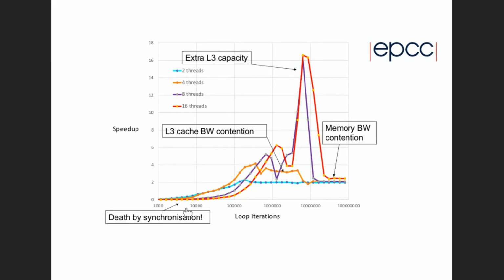For small values of n, I get speed ups which are much, much less than 1. That's basically death by synchronization. The overhead of the parallel region is much bigger than the cost of actually executing the loop. So for small values of n, I get significant slowdown for that loop.